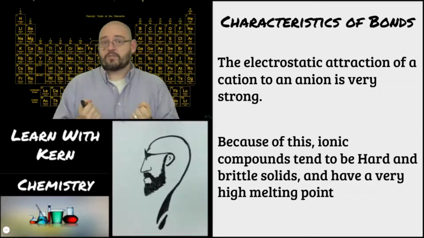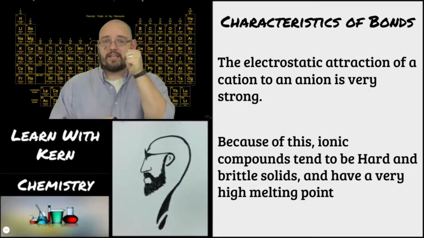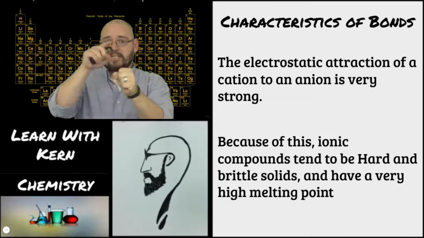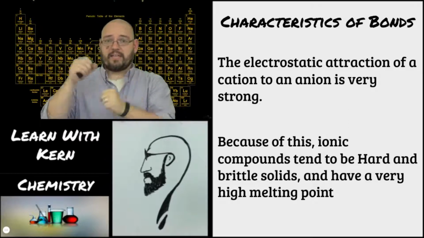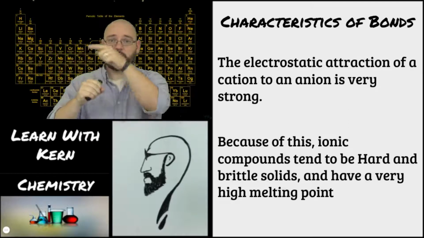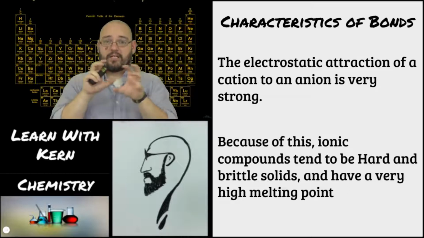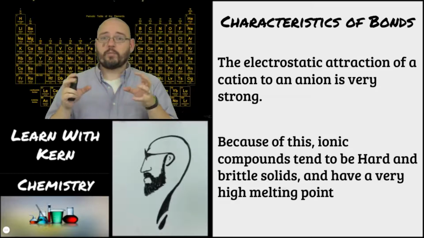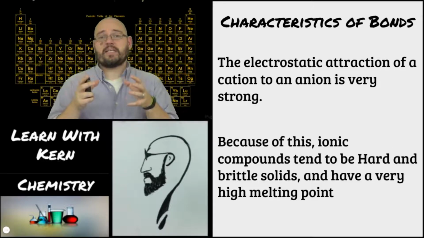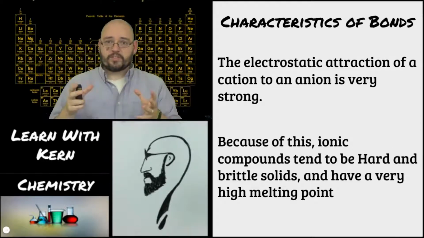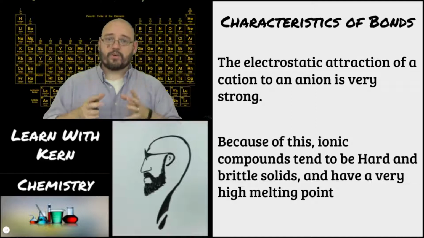And if you look at that crystal structure, you also notice that for that positive sodium, there's a negative all the way around it. For the negative chlorine, there are positive sodiums all the way around it. And so that interaction between each individual formula unit is also very strong, which makes the overall crystal a hard, brittle solid.